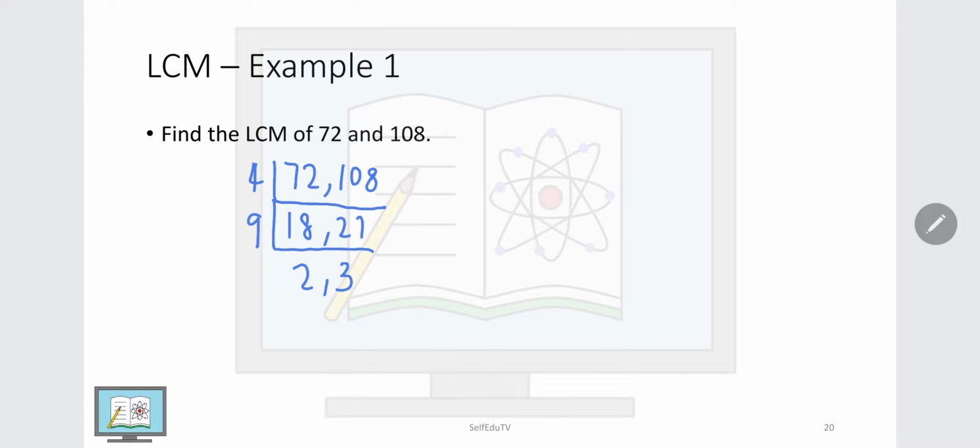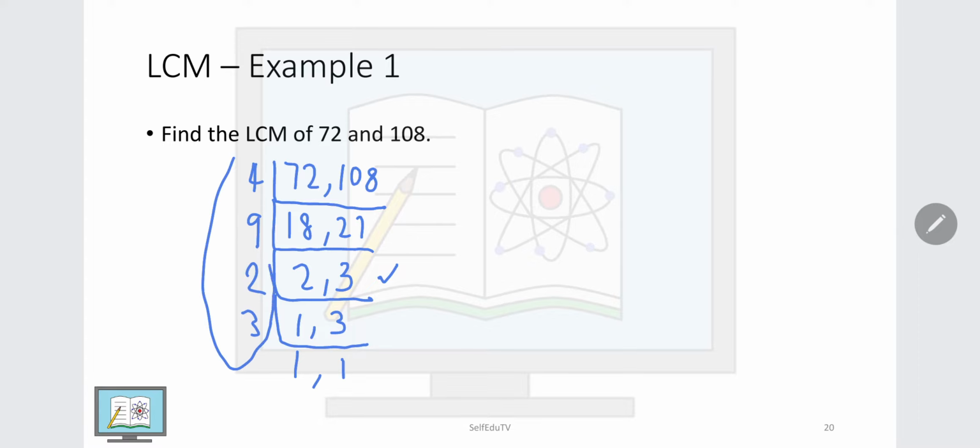If you are finding HCF, you stop here. But for LCM, you continue the division until you get 1, 1. Then you just multiply to get your LCM.